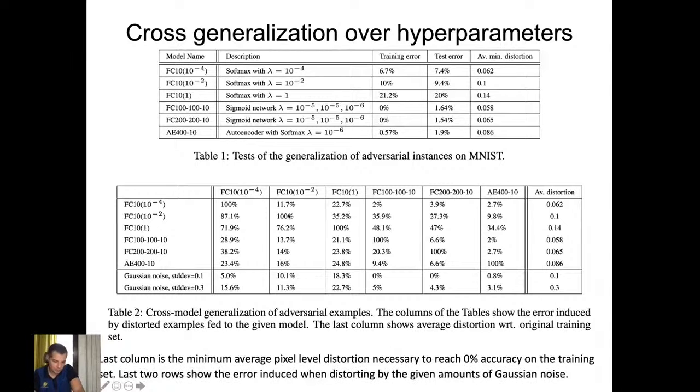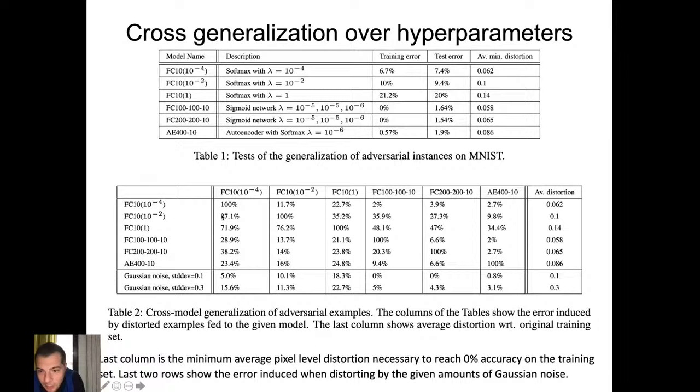So when you do the optimization of the adversarial examples, you do it for this model, and then you use the adversarial examples as input to another model, and so on. This is the error rate that you get when you test the adversarial examples across different models.